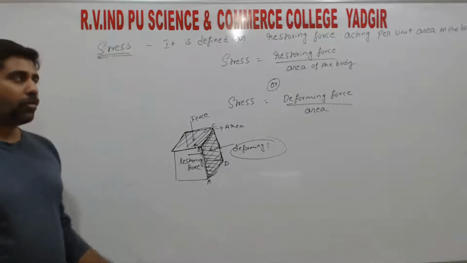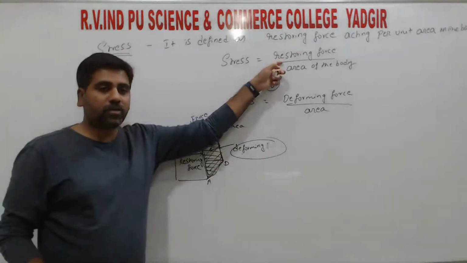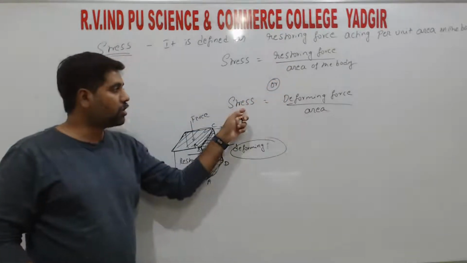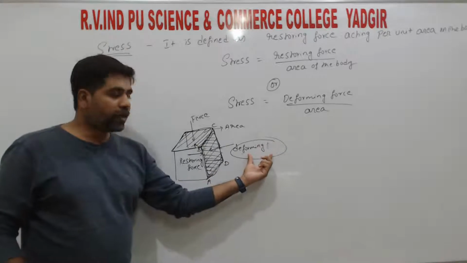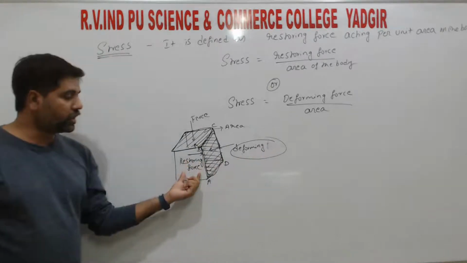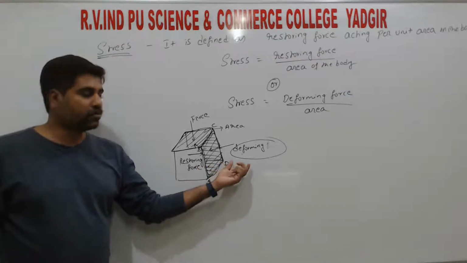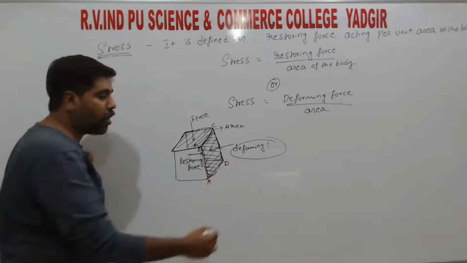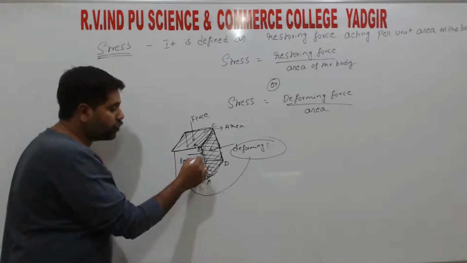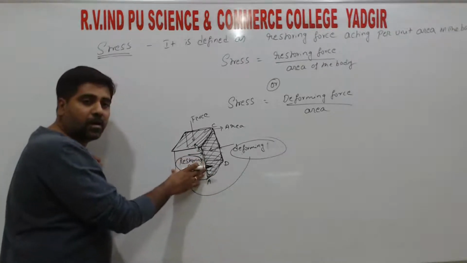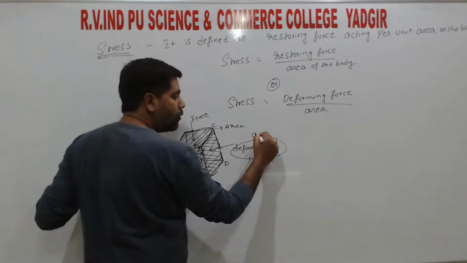So we can define it in both ways. Stress is defined as the restoring force per unit area, or as the deforming force per unit area. The deforming force is the applied force, and the restoring force is the force generated when the deforming force is applied. The restoring force is generated inside the material or inside the object.